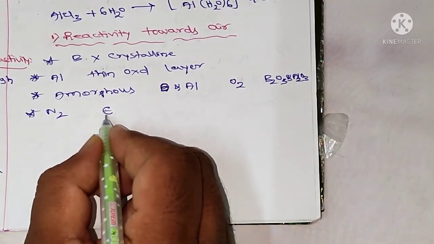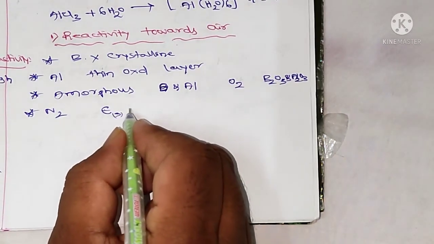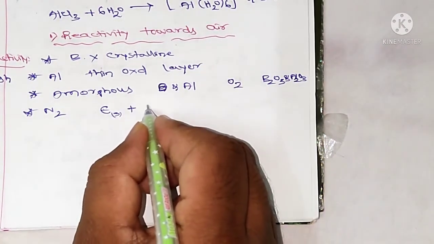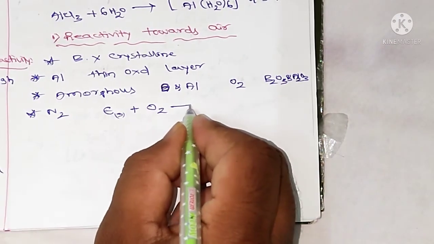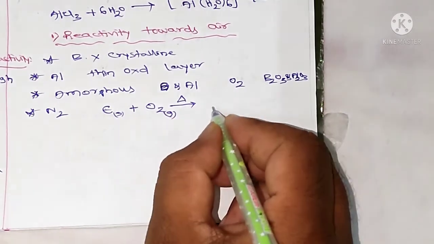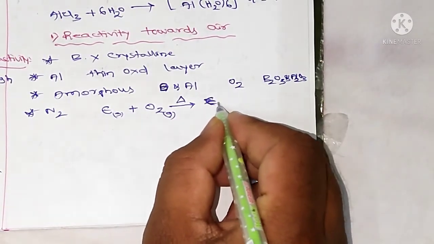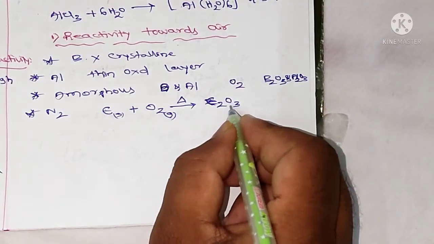So here E is an element of the 13th group. It is a solid, reacts with air O2 on heating, and gives rise to E2O3.